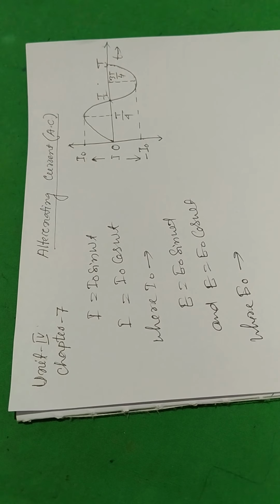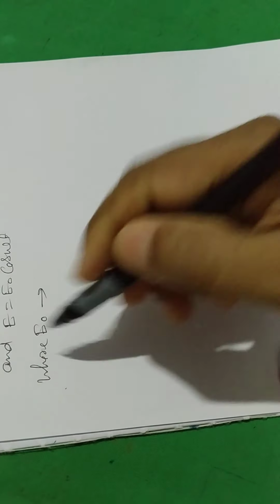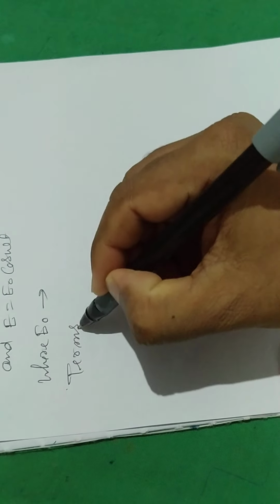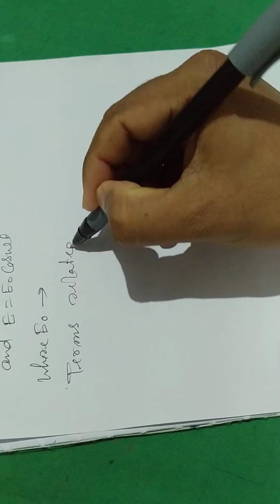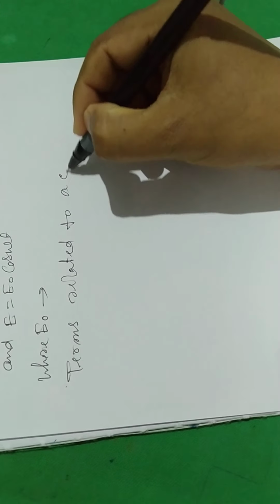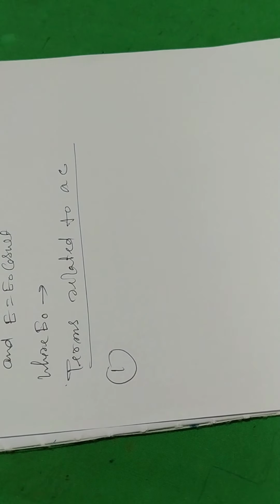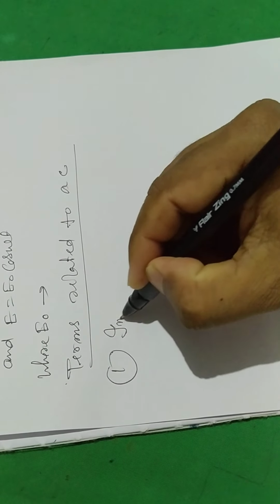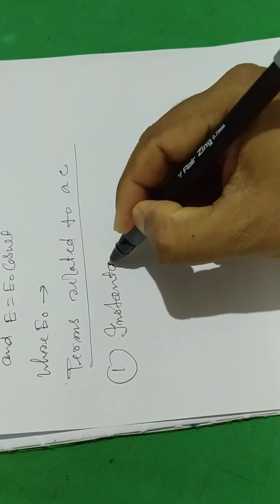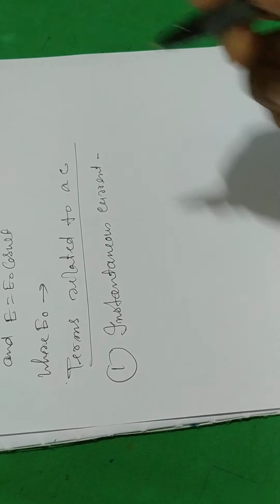Now I want to discuss some terms related to alternating current. Number 1, instantaneous current.